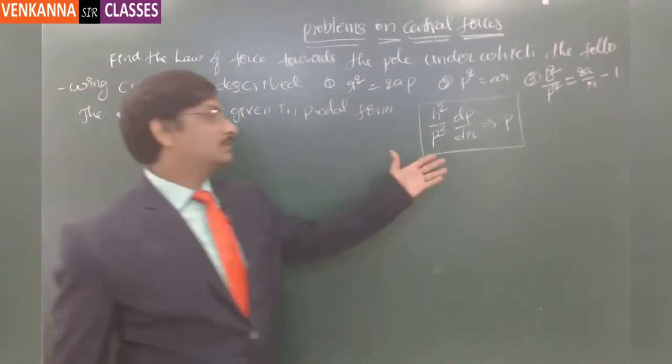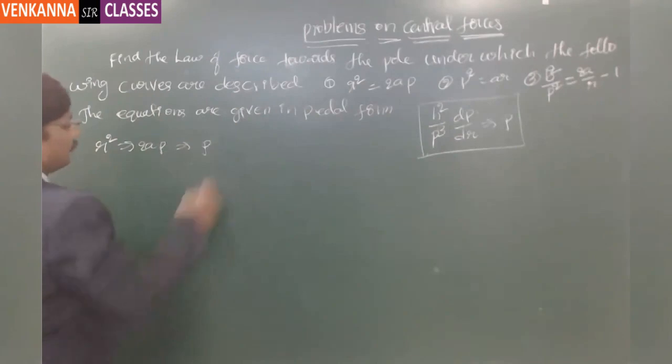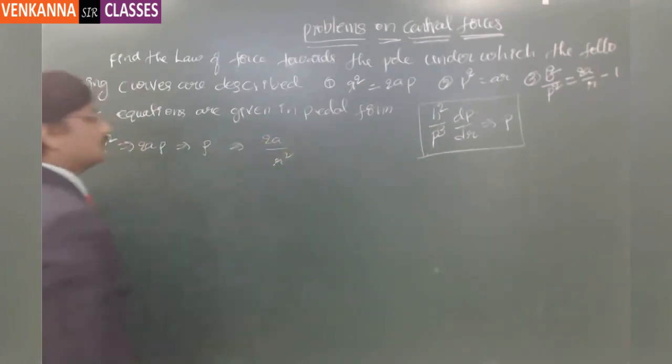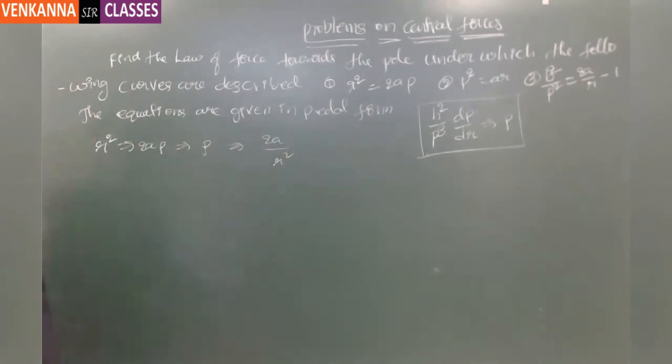Now in this relation, the first one is r square equal to 2ap, or p equal to 2a by r square. So this is the p value, and then we can calculate 1 by p square. So 1 by p square equal to, you can square it, r power 4 divided by 4a square.